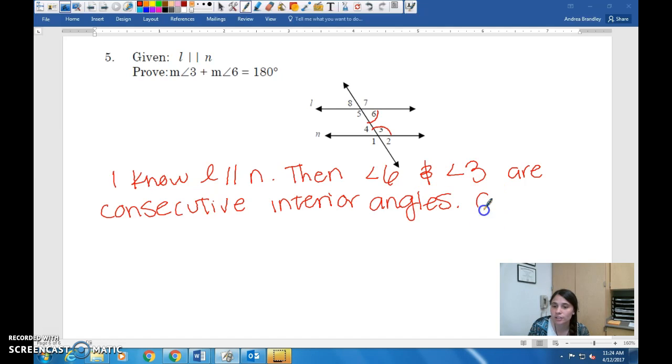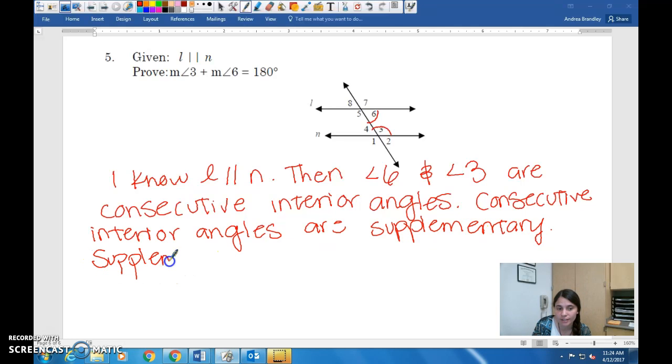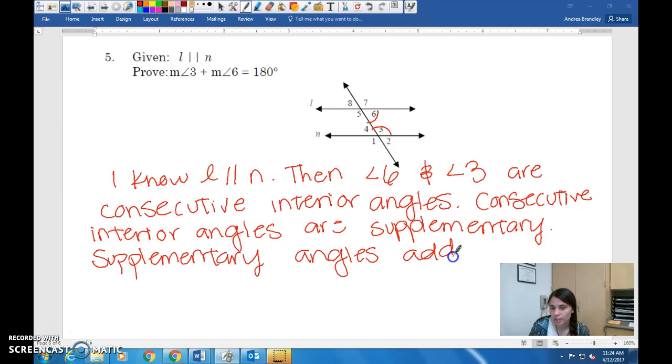Okay, so I know consecutive interior angles are supplementary. And then what do I know about supplementary angles? Well, supplementary angles add to 180 degrees.